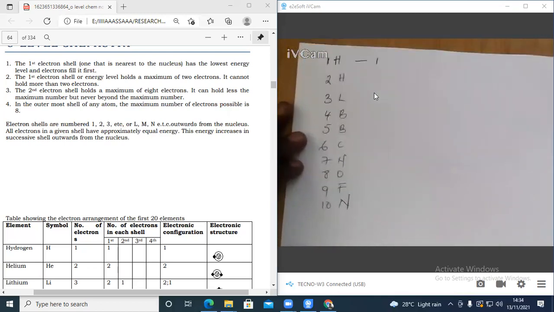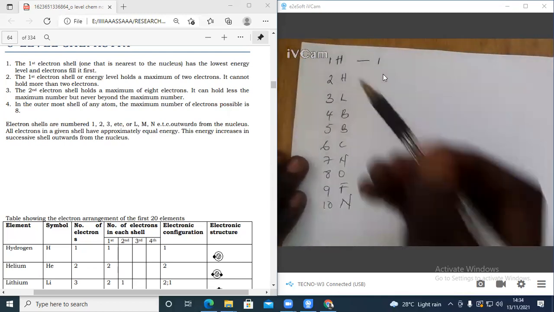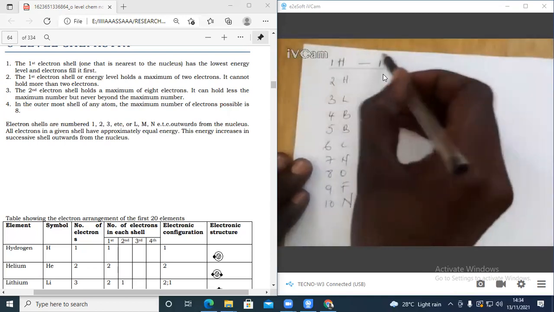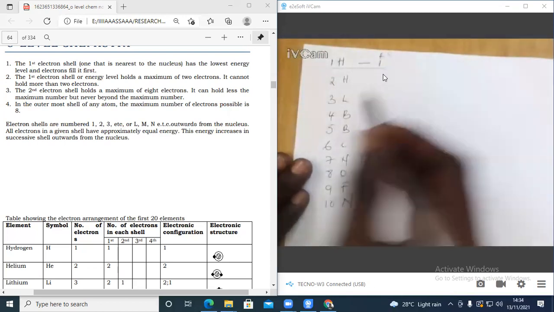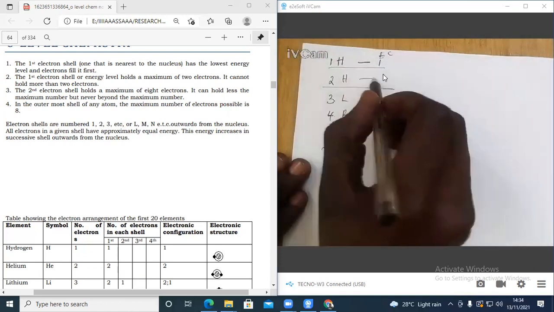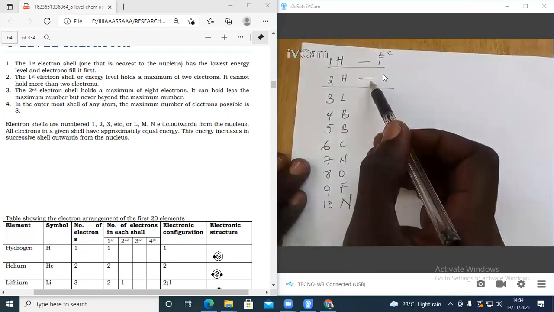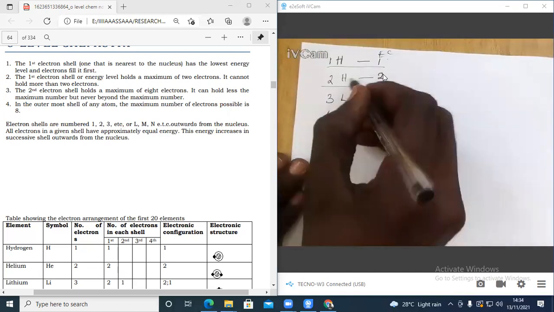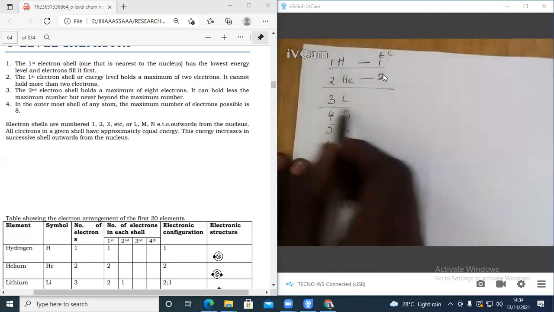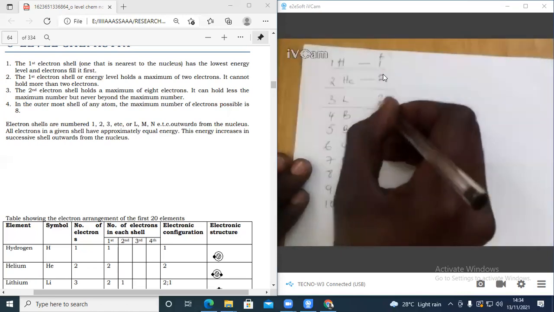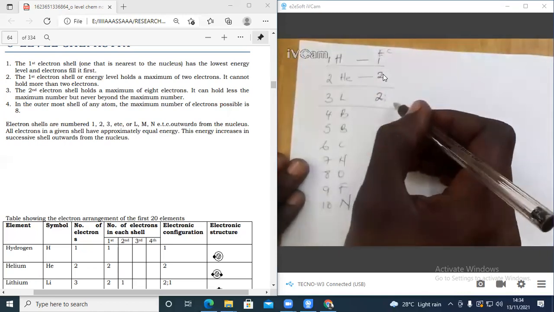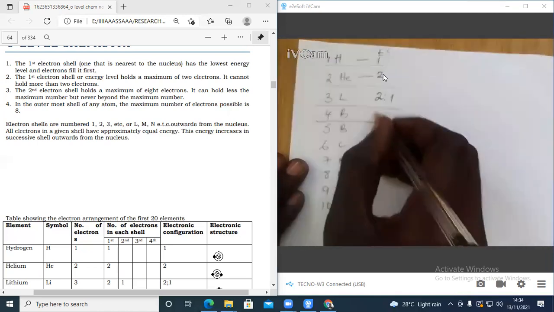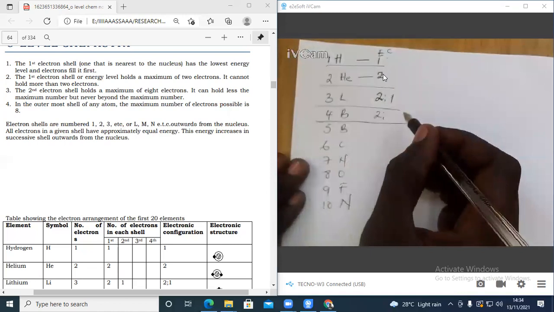Those are the first 10. If this one is 2, the maximum number that can be filled in the first shell is 2. So these 2 can be accommodated by the first shell. So this is helium. Lithium is 3. If you put 2 here, how many are missing to make 3? 1.